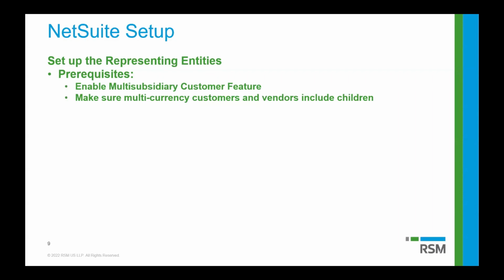The other item is that you need to make sure multi-currency customers and vendors include children. So remember, these are customers that need to be across all of the entities because you could be charging across all of the entities. It doesn't make sense to pick and choose in this case and say, well, this company's never going to do business with this company. Never's a really long time. So it's really a best practice to just set it up to make them available.